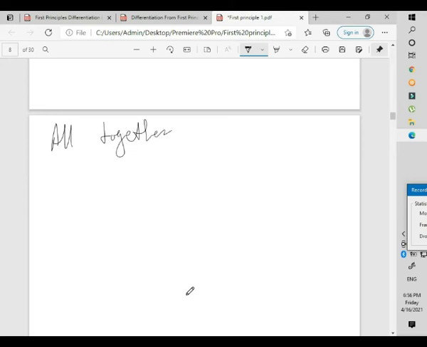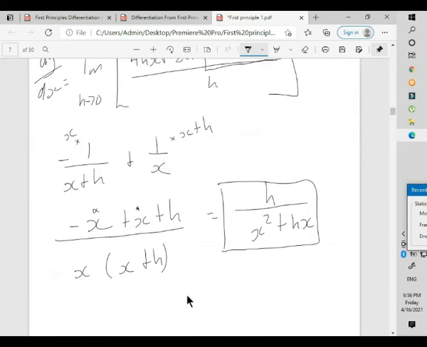together. The limit as h tends to 0. Again, it's still going to look a little bit funky, but at least it's workable.